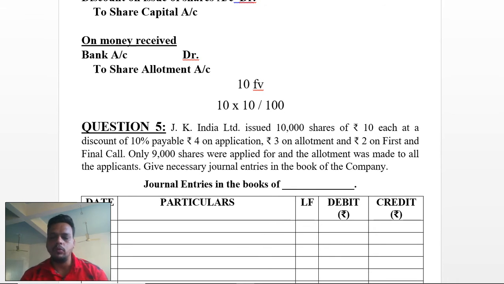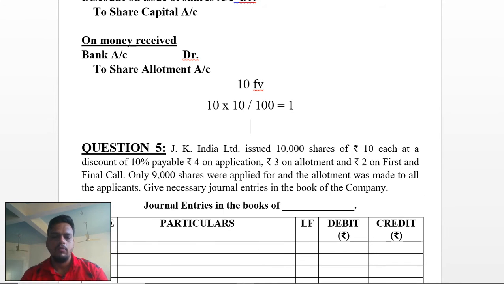If you do this, as a calculation, 0 0 will be cancelled, your answer will be 1. Then you have to go with face value of rupees 10 minus 1 is equal to 9. The total amount you have to receive as 9 rupees. So if we calculate this, 4 plus 3 plus 2 is equal to 9. This is the pattern which we have to use.